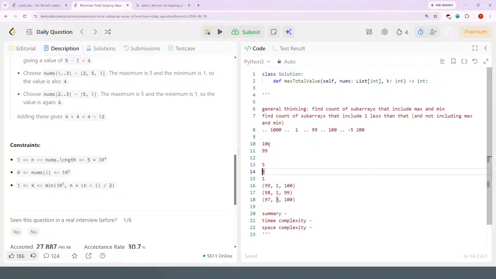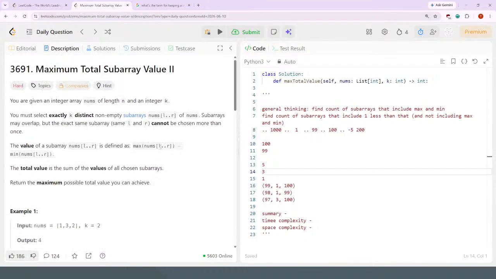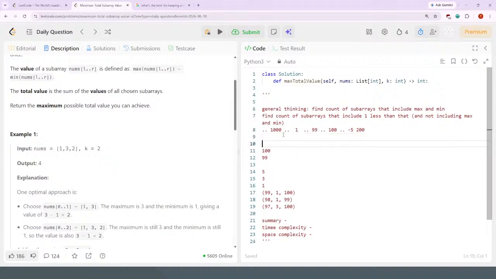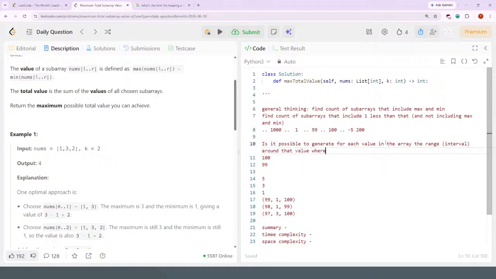Okay, so is it possible to generate, for each value in the array, the range or the interval around that value where it is the low or the high in the interval?